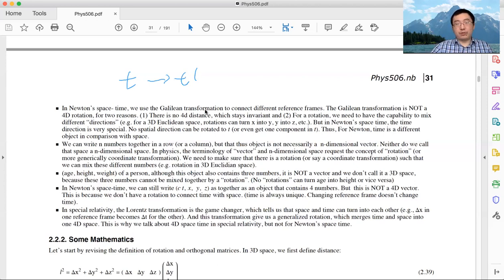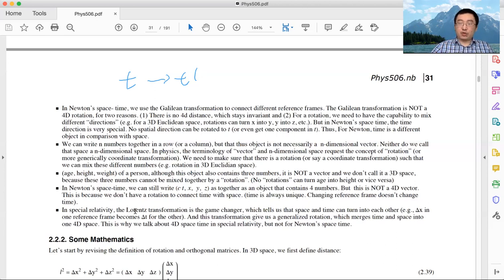We think about the universe as 3-dimensional space plus one additional dimension, time. But spatial dimensions cannot be rotated into time. They are separate objects. The reason in special relativity we call it 4D space, where we merge space and time, is because of the Lorentz boost.